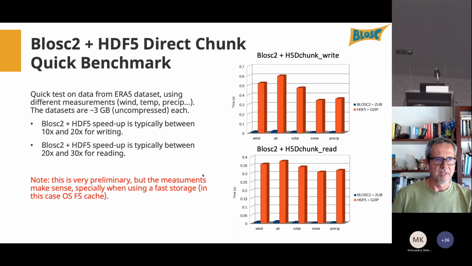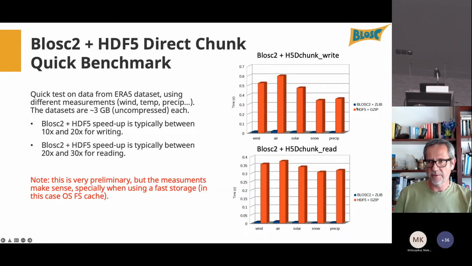And then, let me show you some quick benchmarks that we recently did by using a specific benchmark on Blosc2 plus HDF5 direct chunk. We used the ERA5 data set, with data which comes with wind speed, air temperature, solar radiation, snow, many different things.